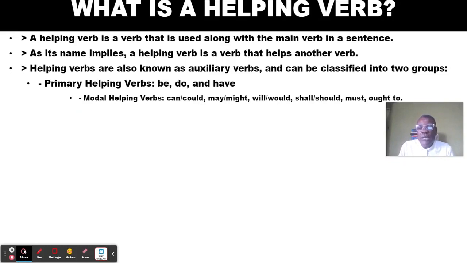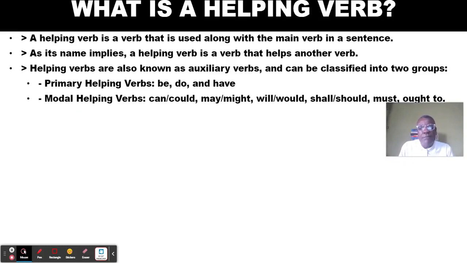Now the second group is modal helping verbs: can and could, may and might, will and would, should, must, and ought to. Now, the modal verbs are another class of helping verbs. They're actually helping verbs, but they have various communicative functions in English grammar.